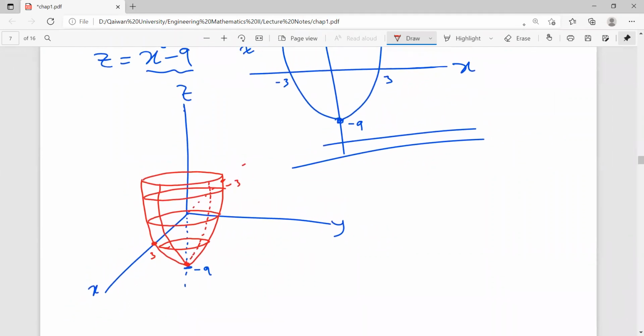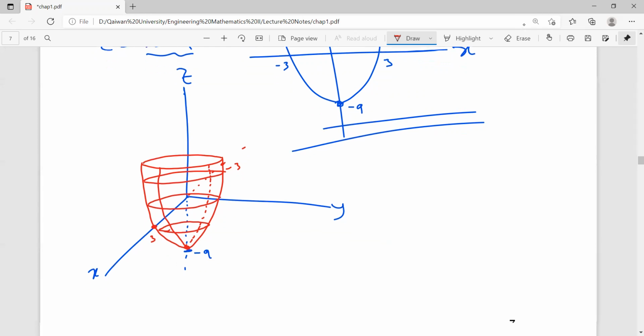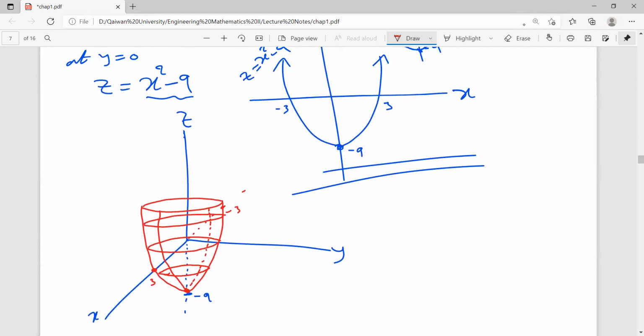As you saw, I drew one by one: first the trace when x is 0, then the trace when y is 0, and then the level curves. I combine them and it becomes this graph. So this is the graph of that given function.